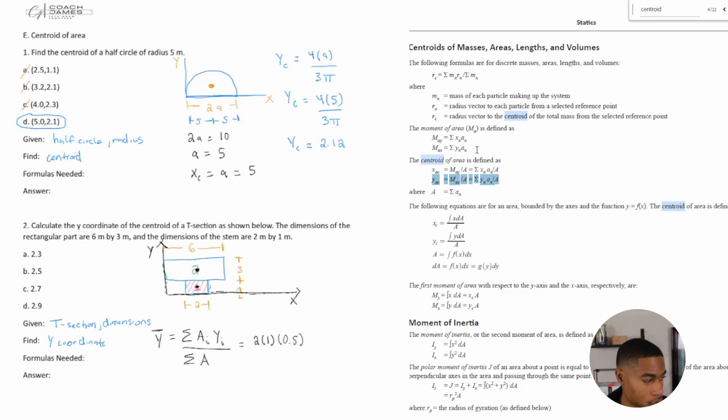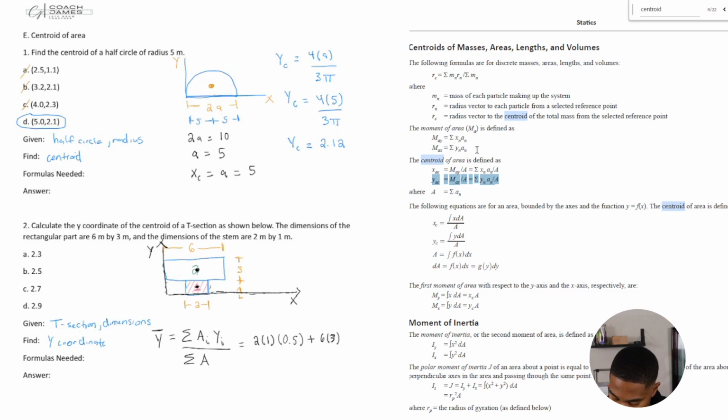Okay. Now we're gonna add the area of the second piece. All right. So what's the area of the second piece? Well, it's gonna be 6 times 3. Okay. 6 times 3. Now, what is the center of the second piece in the y direction, right?